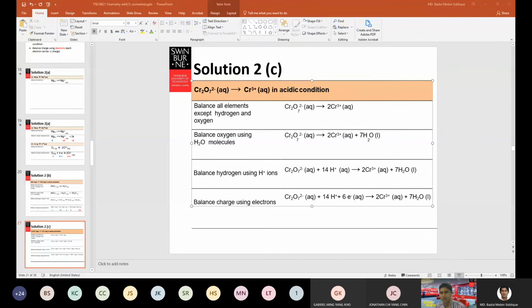Okay. Yes, thank you for typing that. And then on the right side, the reduction is happening.